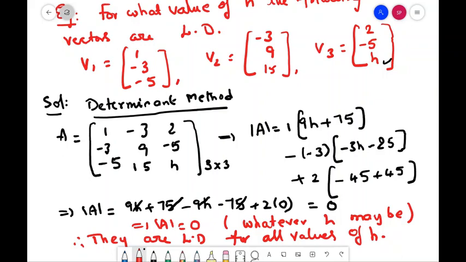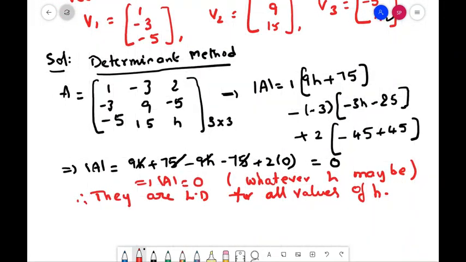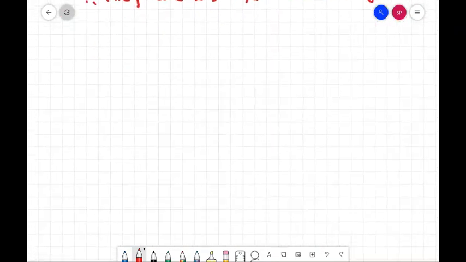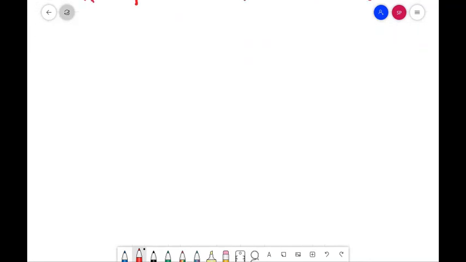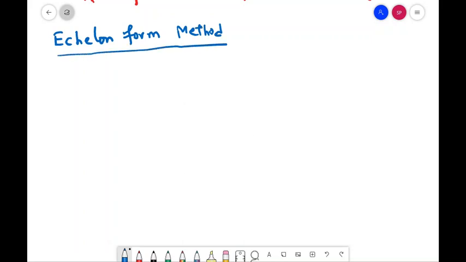But now we'll do the same problem with the echelon form method. I use the echelon form method because when you don't get a square matrix with the given vectors, you must use echelon form only. I will give the echelon form method here also, so you can apply it according to the requirement.